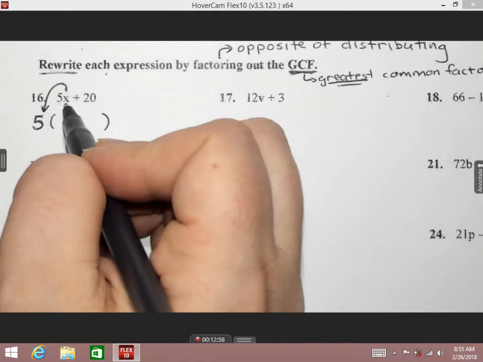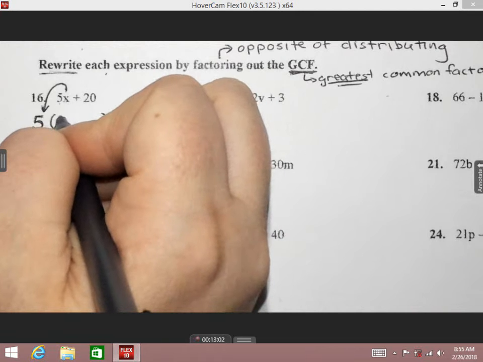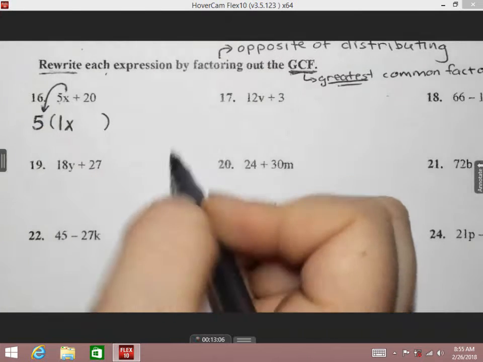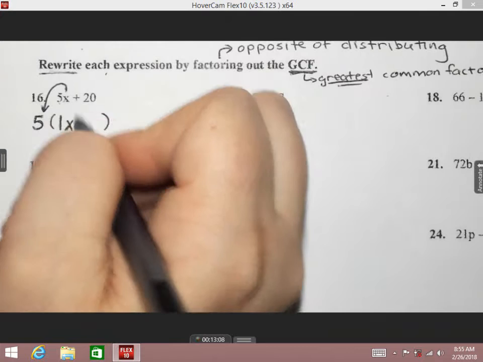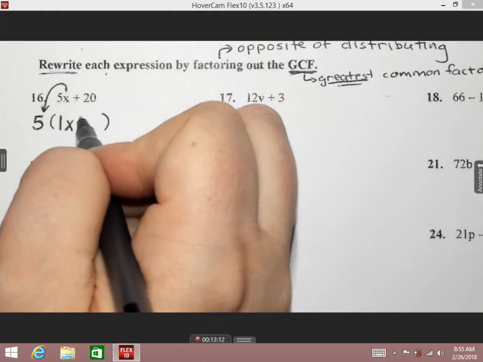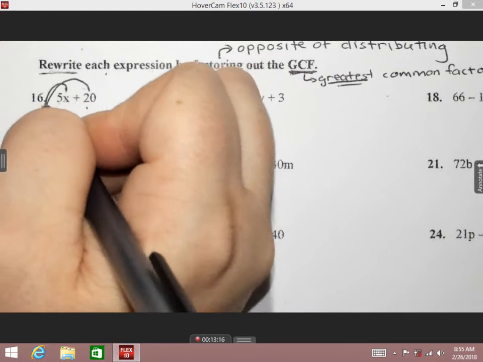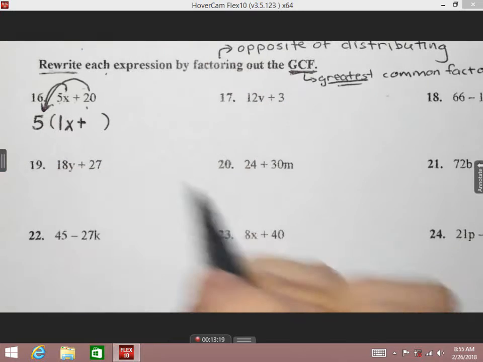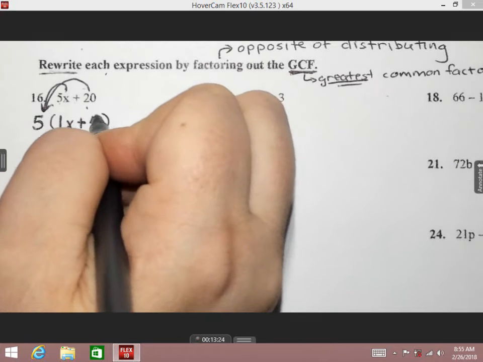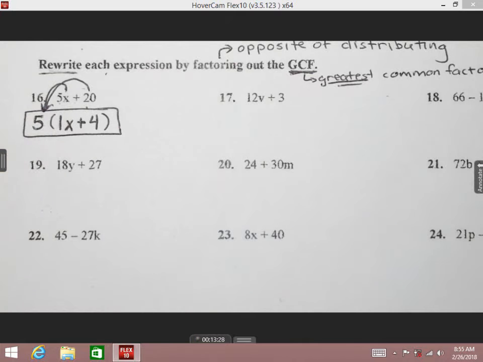So right here, 5 divided by 5, what does that give me? 1. 5 divided by 5 is 1. And we keep our x. Then I'm going to do the same thing to 20. Again, that plus sign stays there. We're not adding anything right now. 20, we're going to take the 5 out of it, so we're going to divide. 20 divided by 5, what does that give me? 4. That's what I'm looking for in your answer.